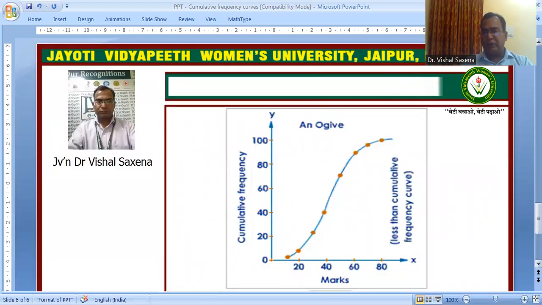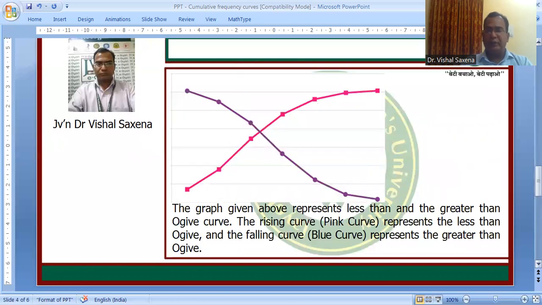And again, a cumulative frequency curve is shown in this graph. An Ogive curve is shown there, a rising curve, which means it is a less than type of Ogive. The rising curve represents the less than cumulative frequency curve, and the curve going downwards, the falling curve, shows the more than cumulative frequency curve.